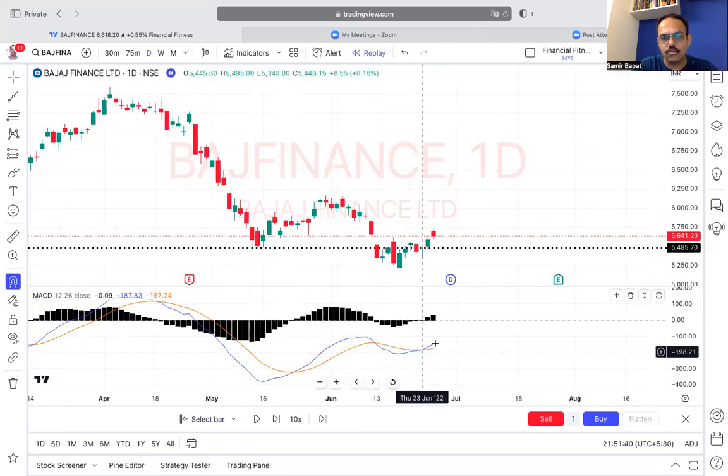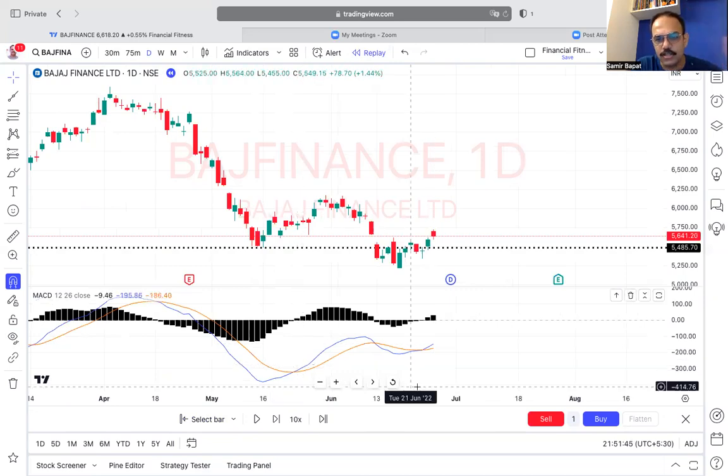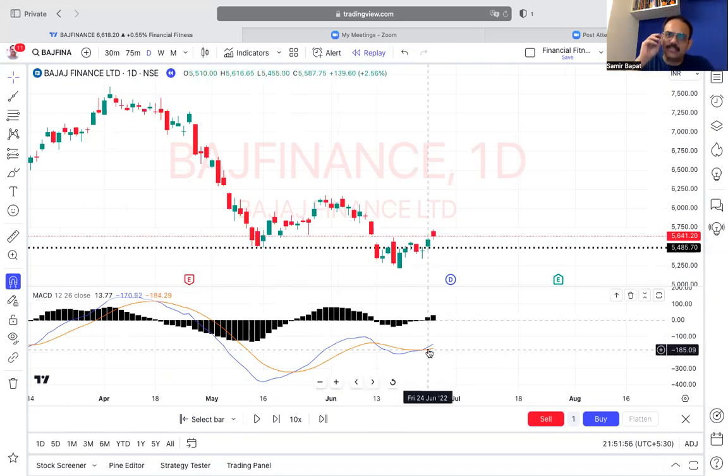This is one crossover and this is one crossover. Everyone can see the crossover, blue crossing over the signal. Yes, no? Yes, sir. Okay. When the crossover happens, then start searching for divergence. Then you will be able to find the divergence very easily.